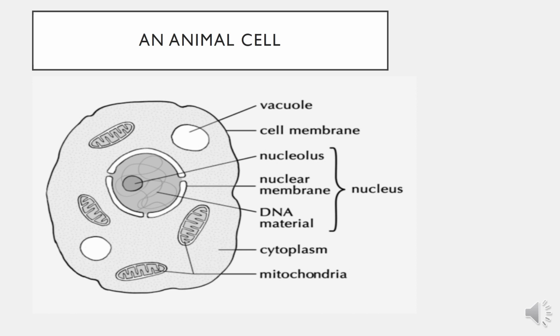But in this diagram, we can see some differences. If you recall that in plant cell, the vacuole is large, but in animal cell the vacuoles are numerous and small. In plant cell there was a cell wall, but in animal cell there isn't any cell wall. The outer boundary wall is cell membrane only.